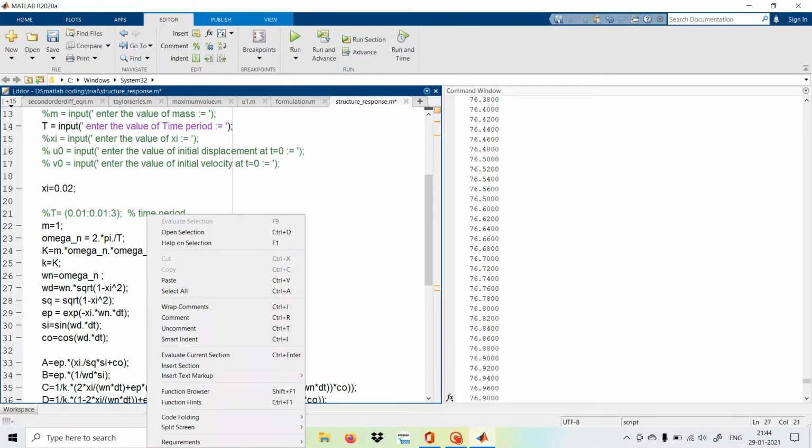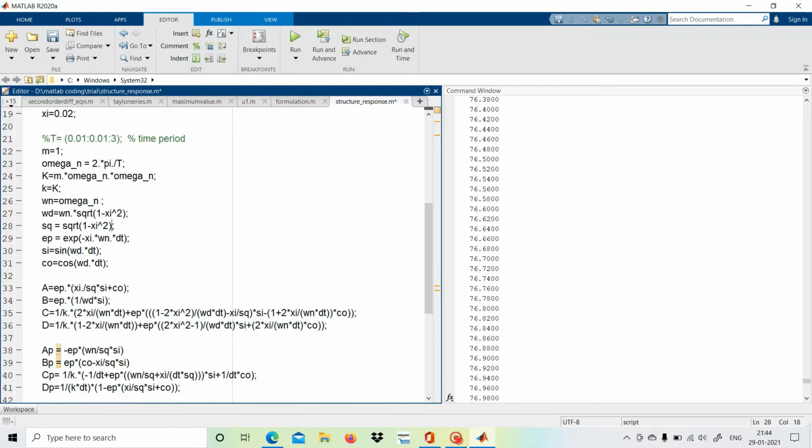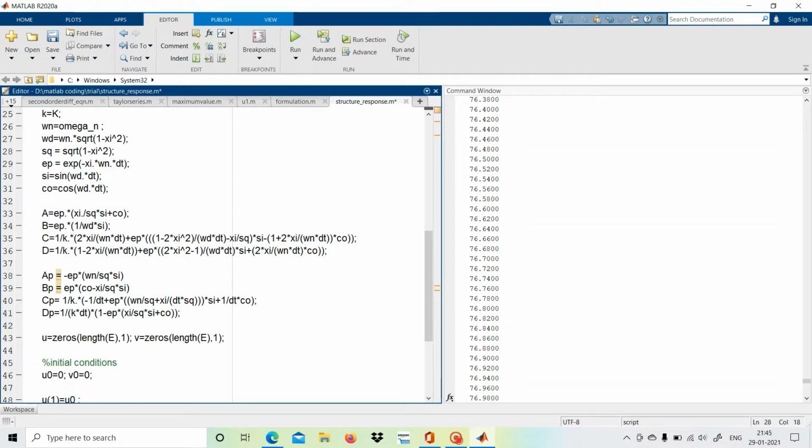And ep is the exponential of minus xi omega n dt, si is sine omega d dt, and co is cos omega d dt. Having all this data, now we know a, as we have seen there, that a value was ep into xi by sq into si plus co.